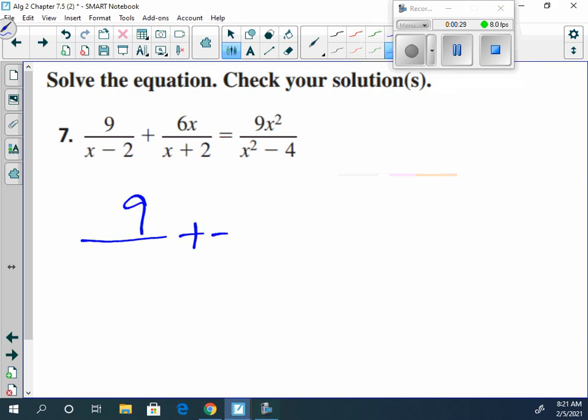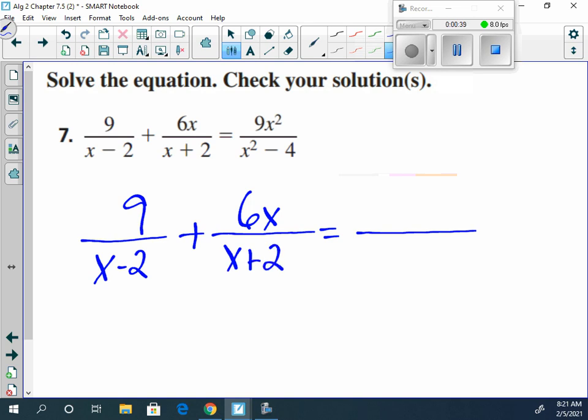So when we look at this here, x minus 2 won't factor or simplify. X plus 2 is also as simplified as it gets. Now, x squared minus 4, will that factor? Well, yeah, because it's a difference of perfect squares. And it would factor to what?